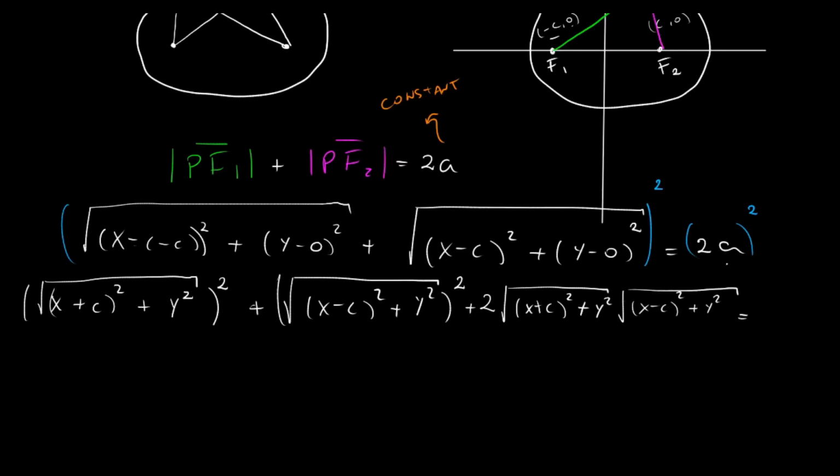And this all equals (2a) squared, which is 4a squared.